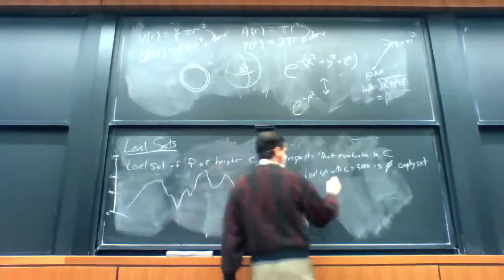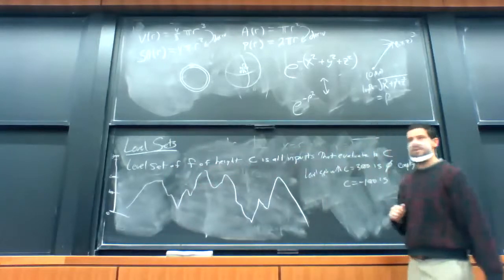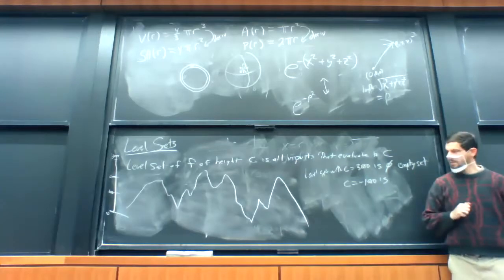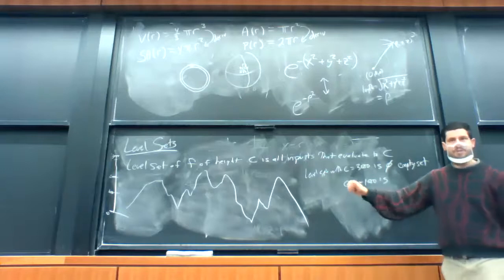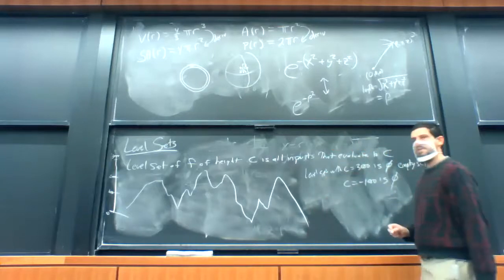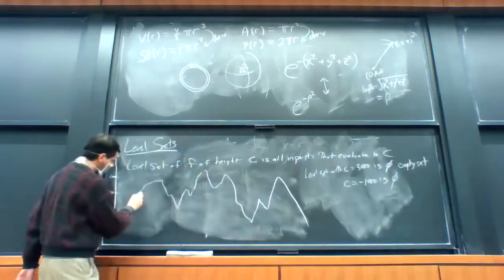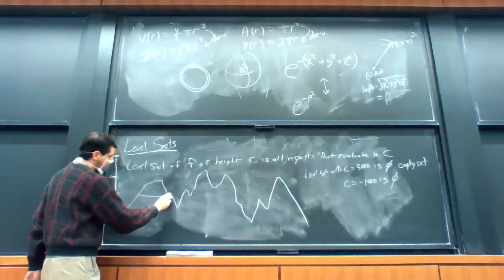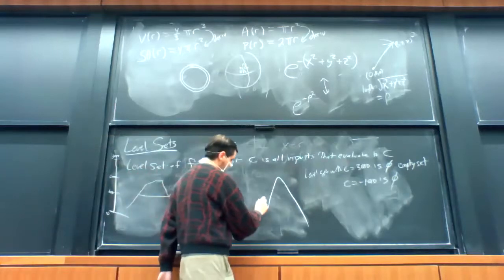What about C equals negative 1,000? What would that be? If you look at this picture, are there any points where we're negative 1,000 feet? That would also be empty. And if I wanted to look at 1,000, you'd say, oh, this part over here is all 1,000, over here, a little bit over here.